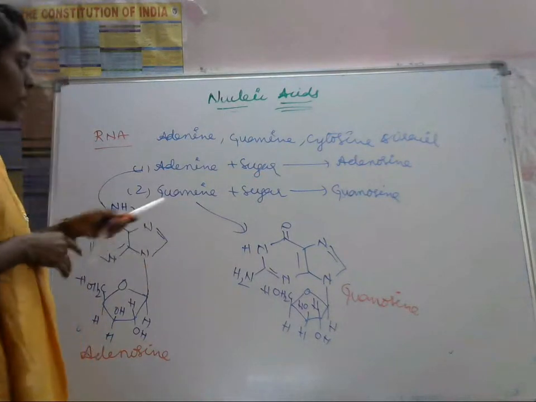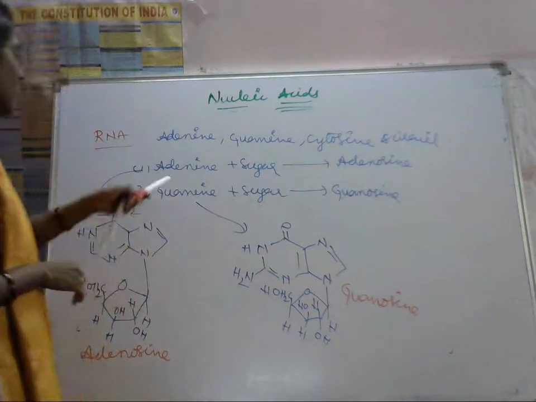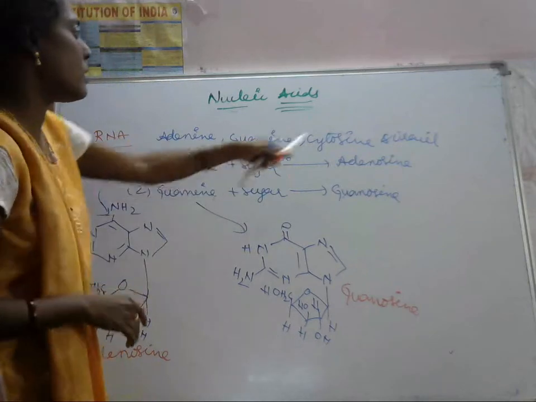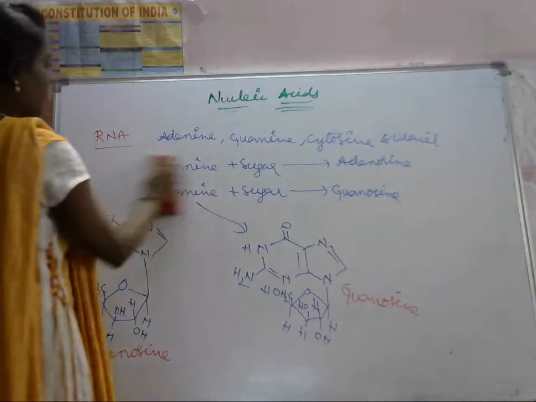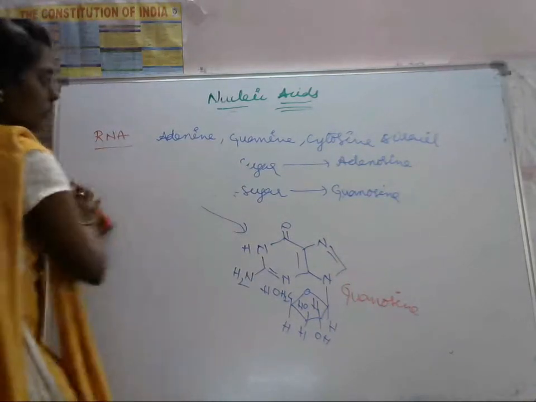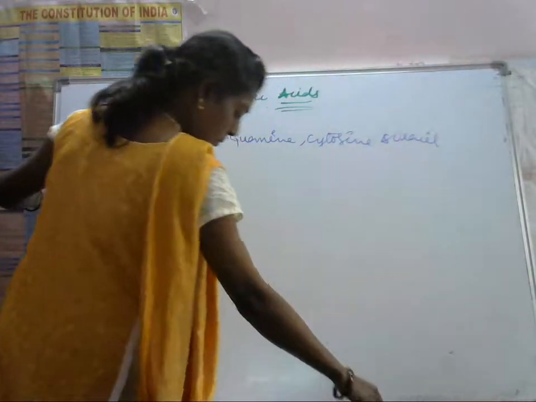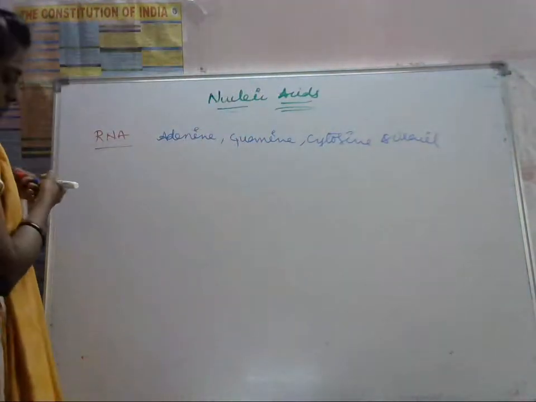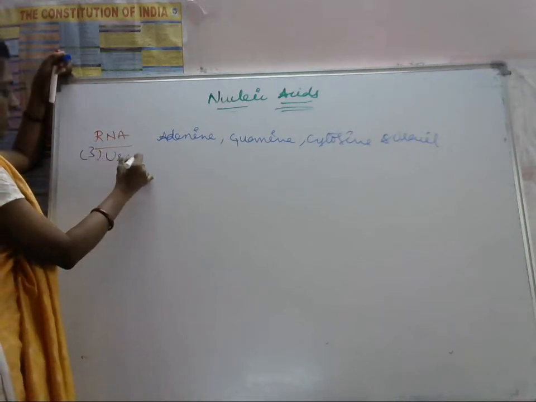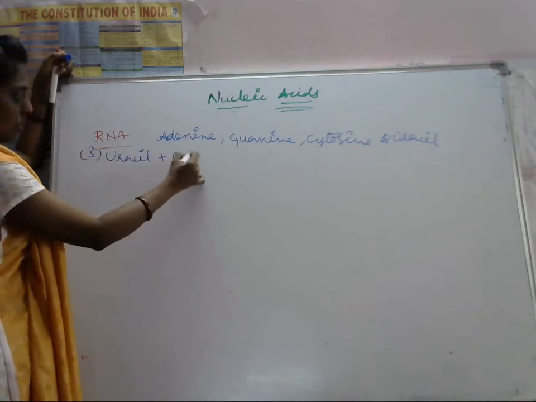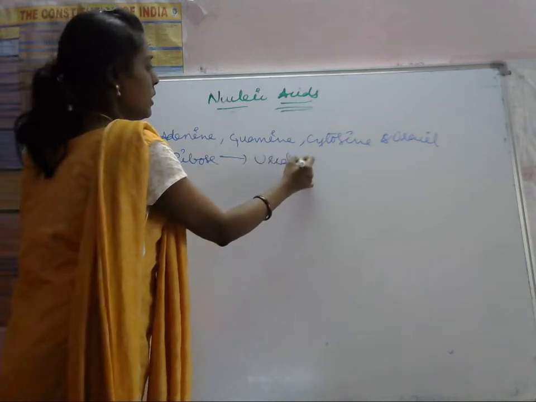Let's see the cytosine and uracil. Okay, so these are the adenine, guanine. Let's see the cytosine and uracil. So the third one is uracil plus ribose, which is called uridine.